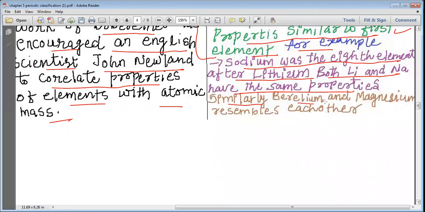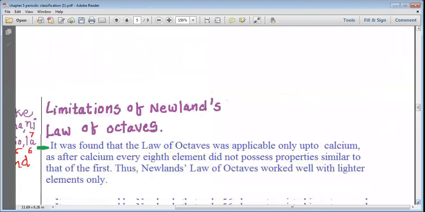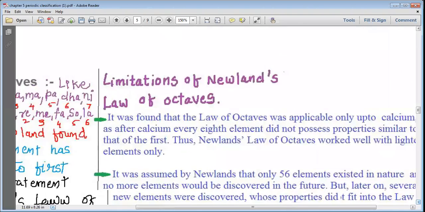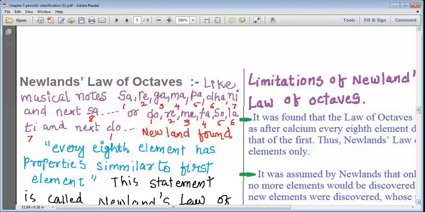Similarly, beryllium and magnesium resemble each other. So beryllium is the first element and magnesium is the eighth element. This is how we understand it.